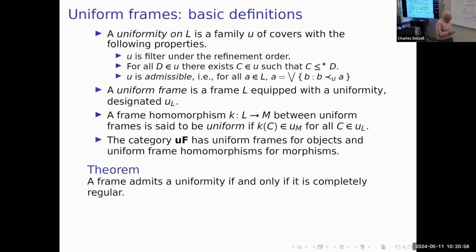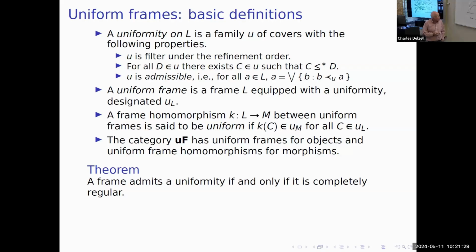So here's the definition of uniformity. It is simply a filter of covers in the refinement order. So you require that the common refinement of two uniform covers should be uniform. And further require that every cover should have a star refinement which is in the uniformity. And the last thing you require is that every element be the join of those elements which are U below it.